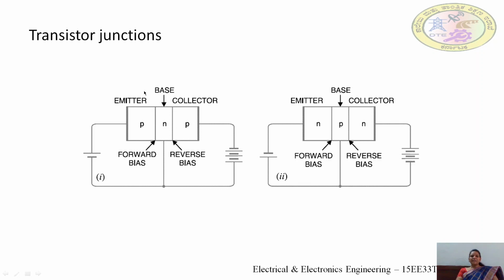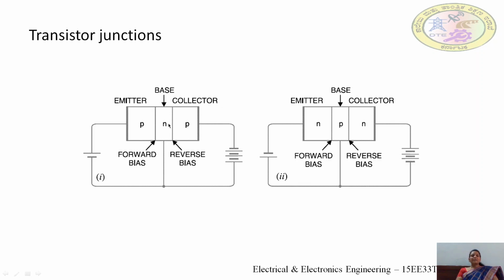Since the emitter-base junction is always forward biased, its resistance is almost zero in an ideal case, or very less. At the same time, since the collector-base junction is reverse biased, its resistance is very high, or in an ideal case, infinite.